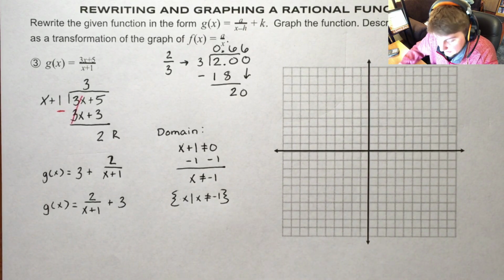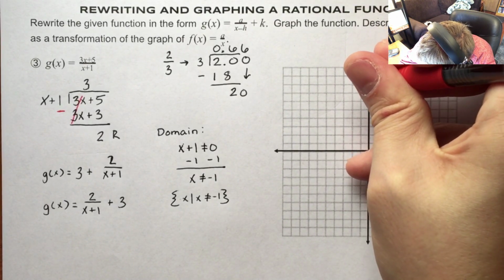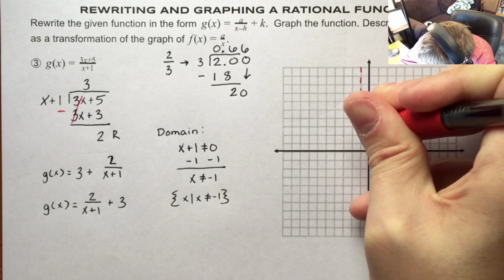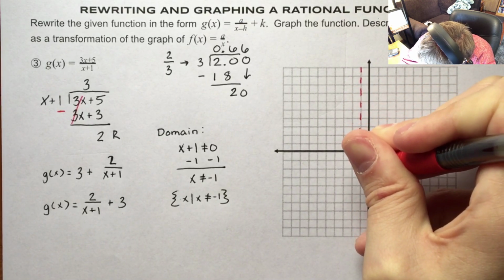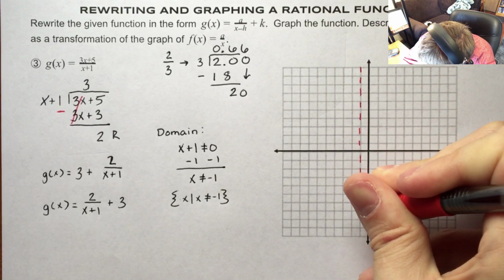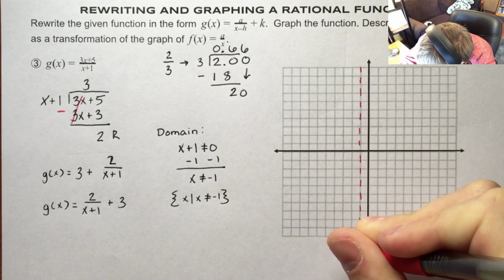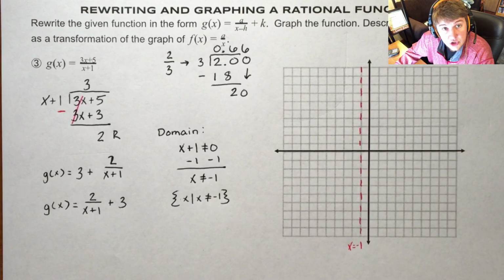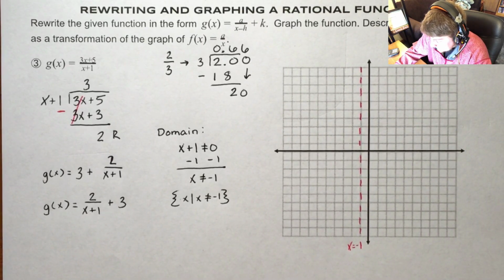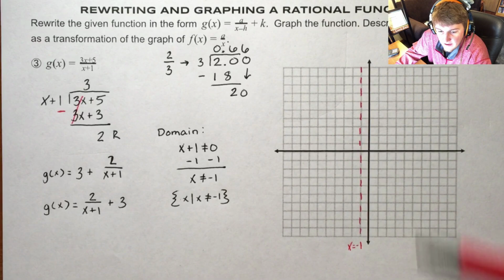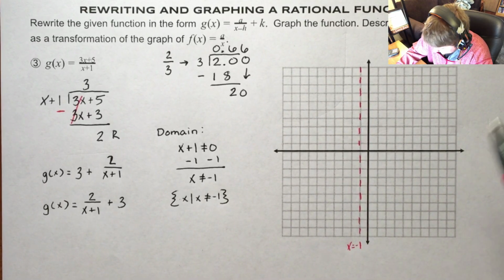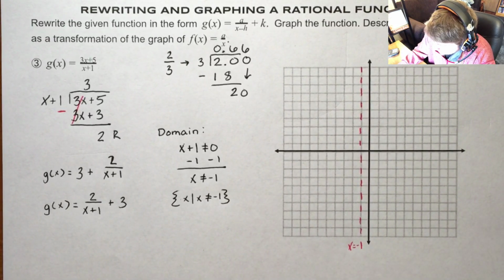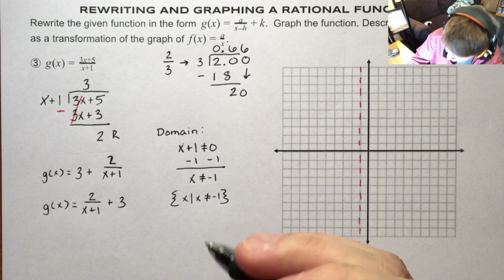So we can go ahead and graph that. Okay, so there's my first hole, or gap, in my graph, that is going to have an asymptote on each side.